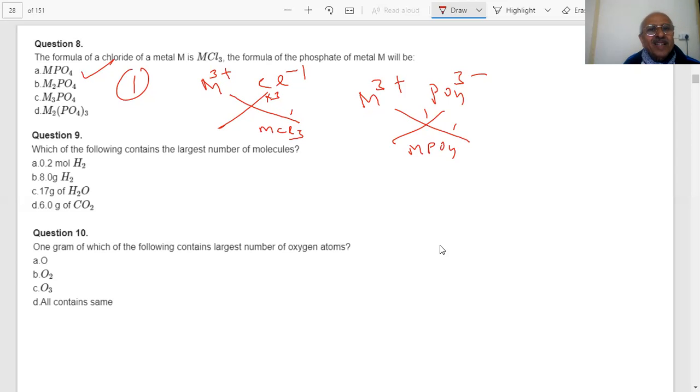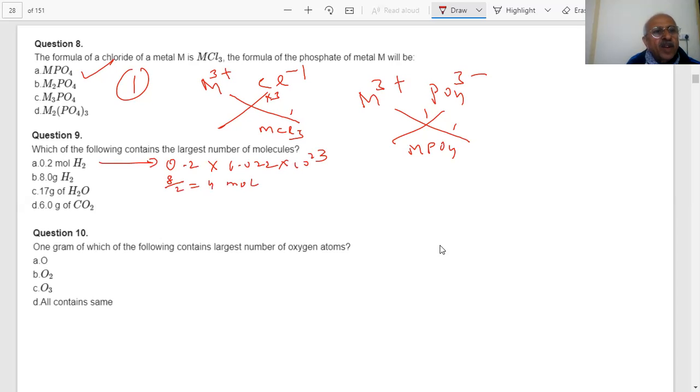Which one of the following contains the largest number of molecules? Sir, B part, 8.0 gram H2. 0.2 mole into Avogadro's number, that is 6.022 into 10 power 23. Here 8 gram will mean how much? 8 by 2, 4 moles.